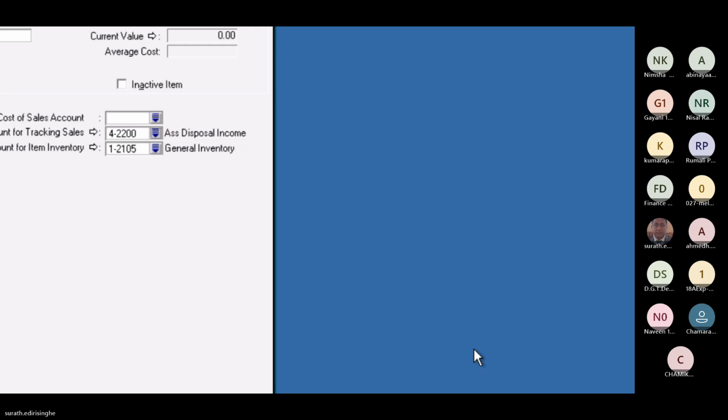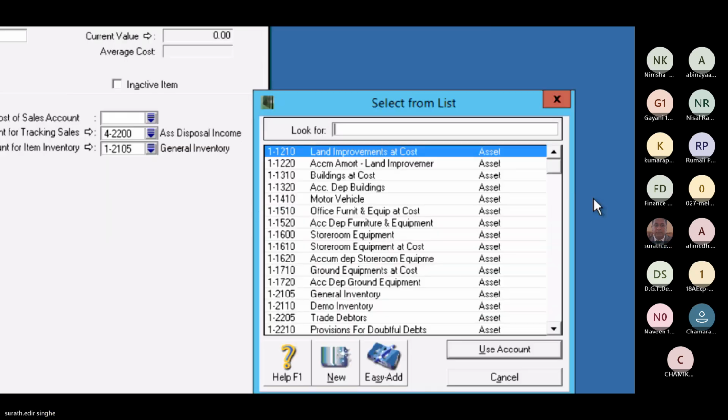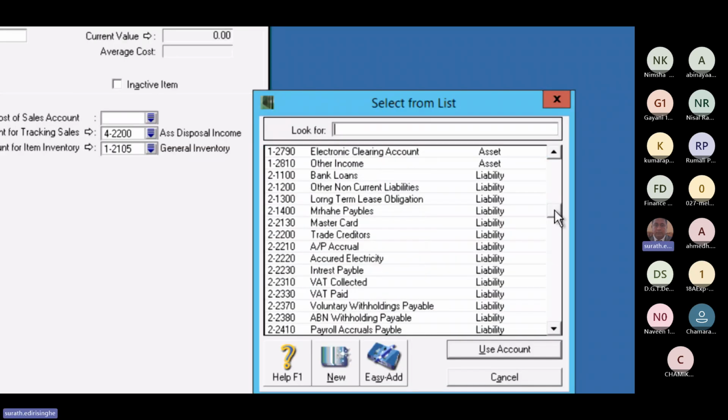Right. Then I buy this item. Actually, not a day-to-day purchase, but this comes under the cost of sale. I will create a new account. Look here at your cost of sale.